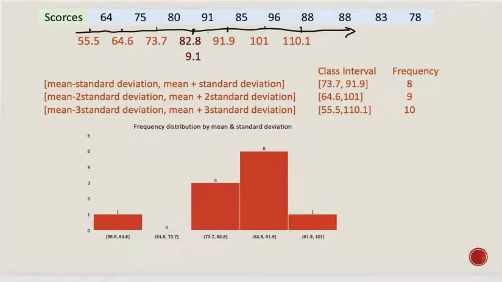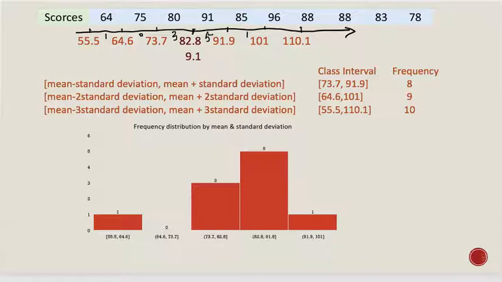We have 5 data points fall into this category, and we have 3 fall into this one, and one data point falls into this one, and this one we have 0 data points. This one we have 1 data point.